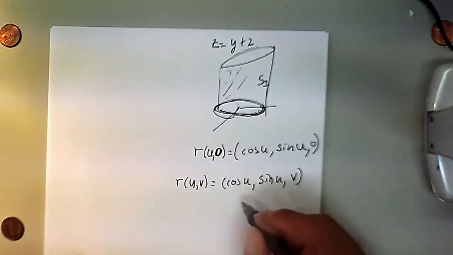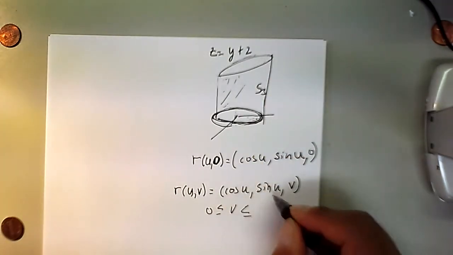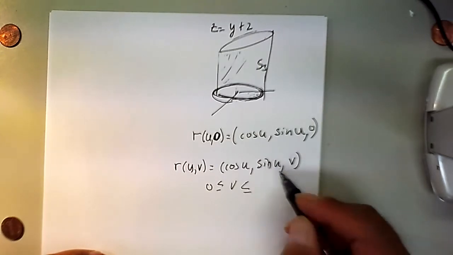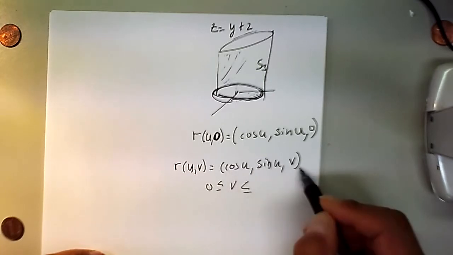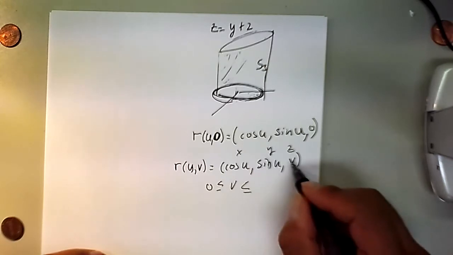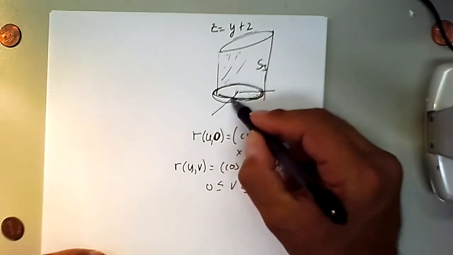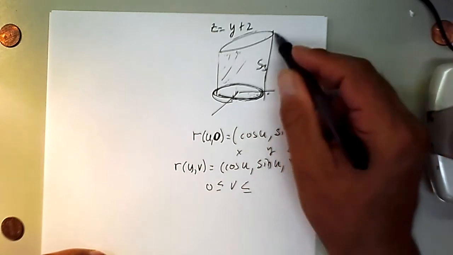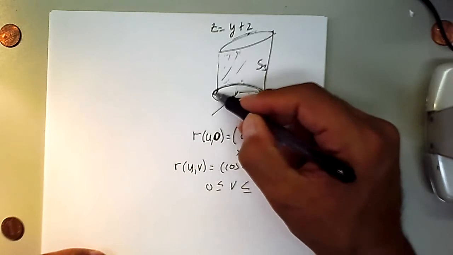So this V is going to be bounded on the bottom by 0, but on the top by Y plus 2, or 2 plus Y. This is X, this is Y, and this is Z. So Z, which is how much we're going to go up, is bounded because it varies. Here it's going to be from 0 to 2. On this end, it's going to go from 0 to 3. On the back, it's going to go again from 0 to 2. Over here, from 0 to 1.